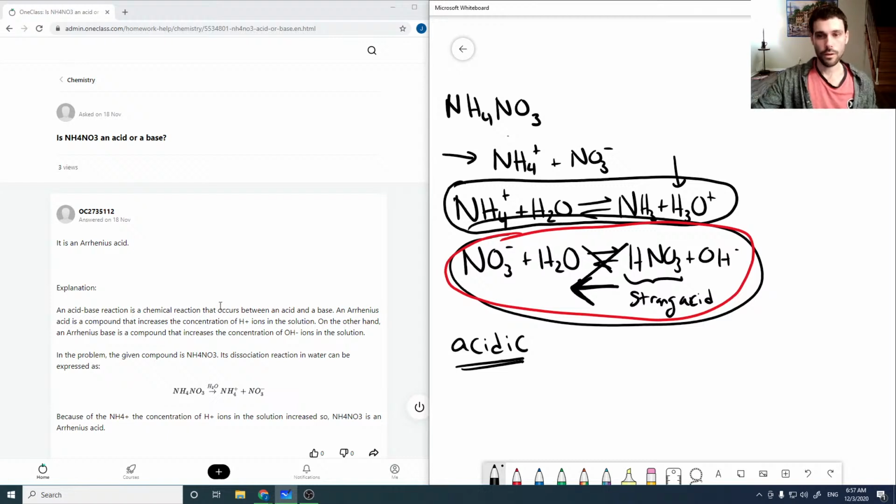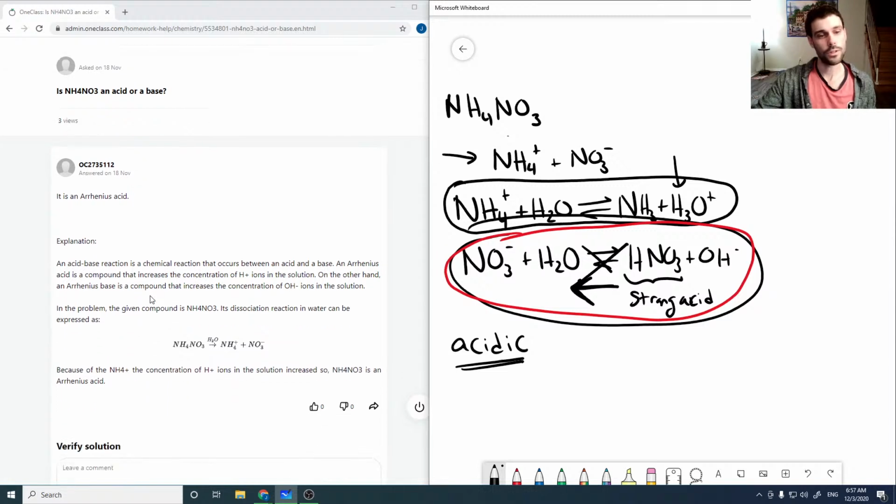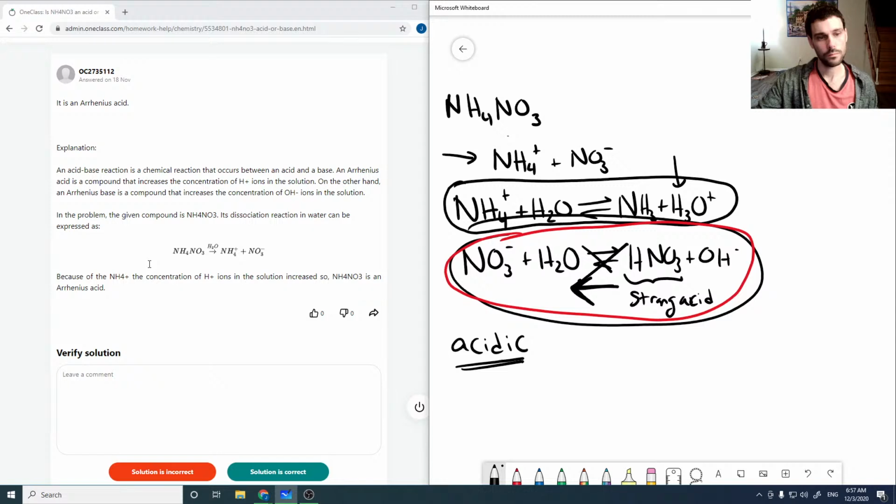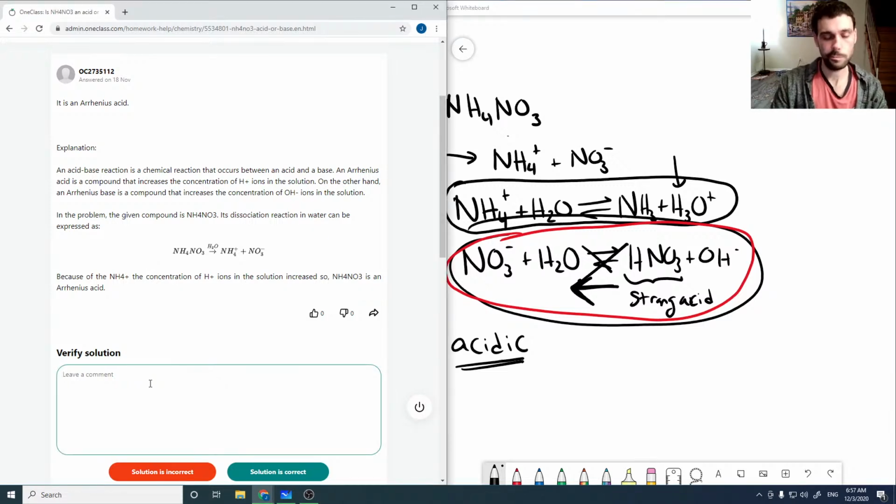So the solution is acidic. So we have an H plus donor. Yeah, so I'll say the solution is correct.